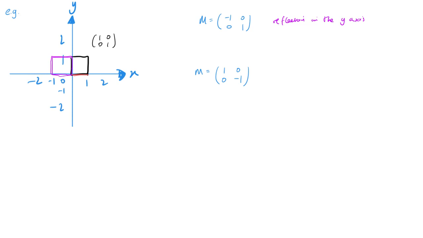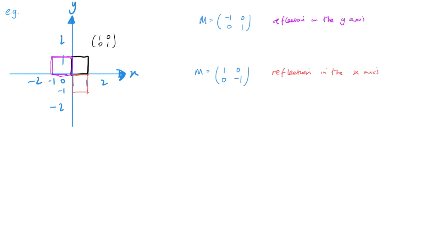And then this point (0, 1) goes to (0, -1) here, and then the final point is (1, -1), so it ends up where this red one is. So this is a reflection in the x-axis. Reflection in the y-axis looks like that, and reflection in the x-axis looks like that.